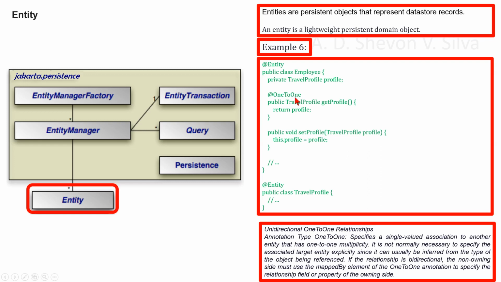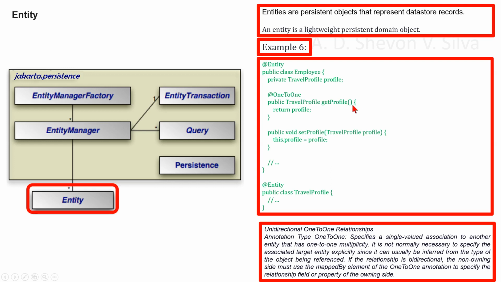It is not normally necessary to specify the associated target entity explicitly, since it can usually be inferred from the type of the object being referenced. If the relationship is bidirectional, the non-owning side must use the mapped by element of the one-to-one annotation to specify the relationship field or property of the owning side.